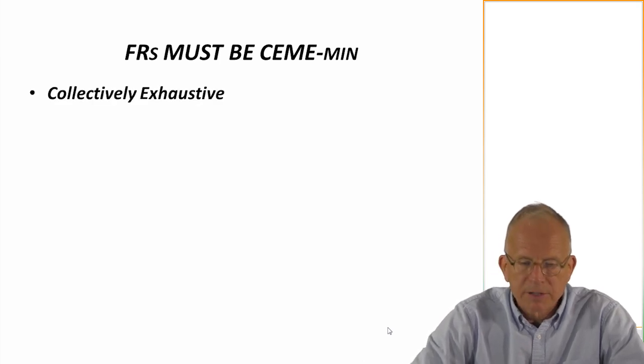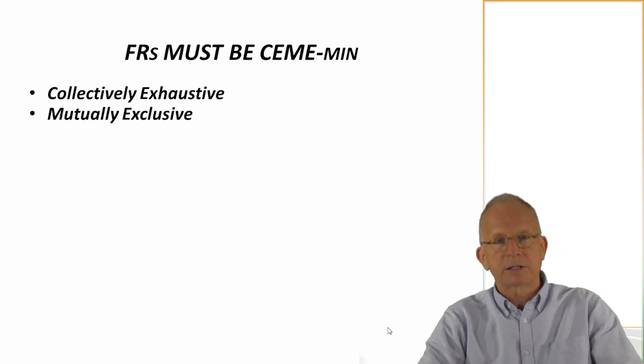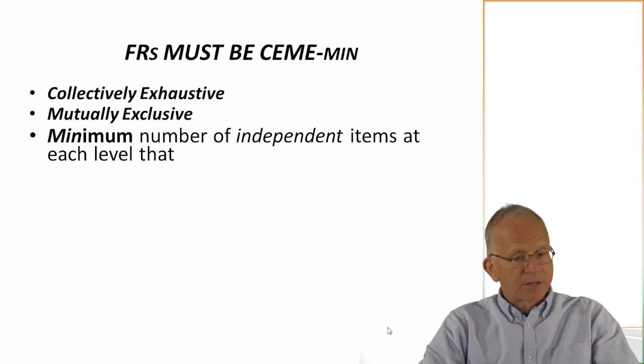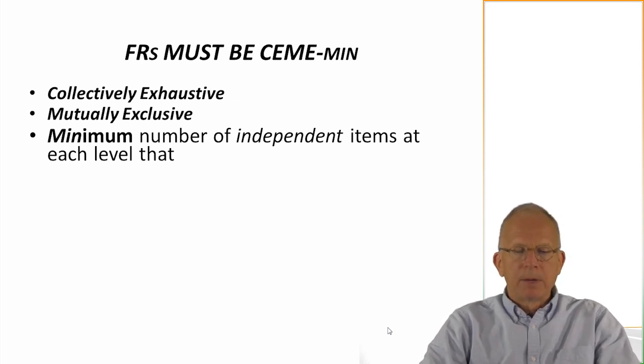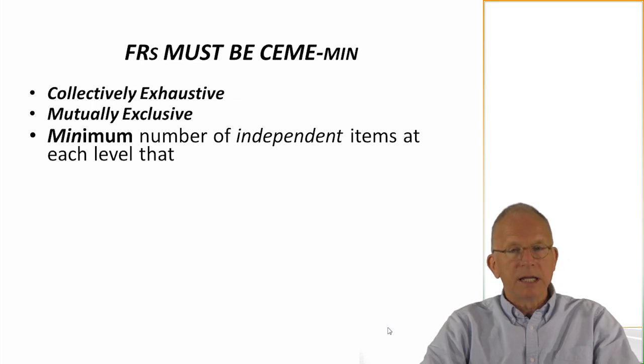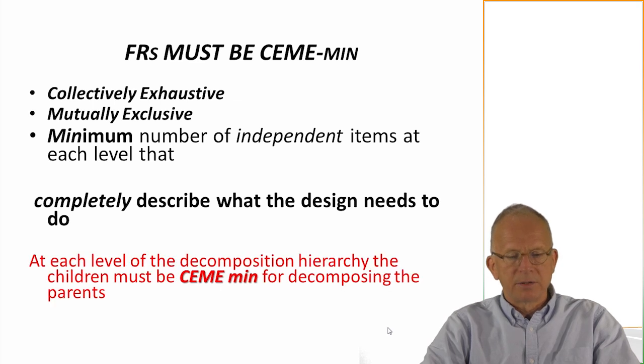Now the FRs must be collectively exhaustive. Means we need to make sure we've included everything. Mutually exclusive, so the FRs themselves are not coupled, and we'll look at the consequences of that in one of the later lectures. And we want a minimum number of independent items, or a minimum number of FRs at each level that completely describe what the design needs to do.